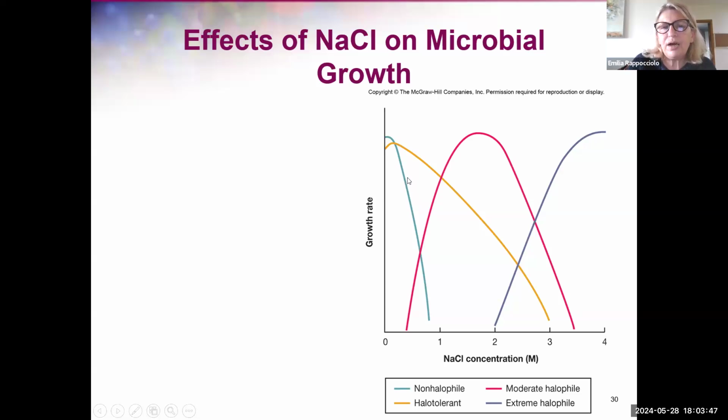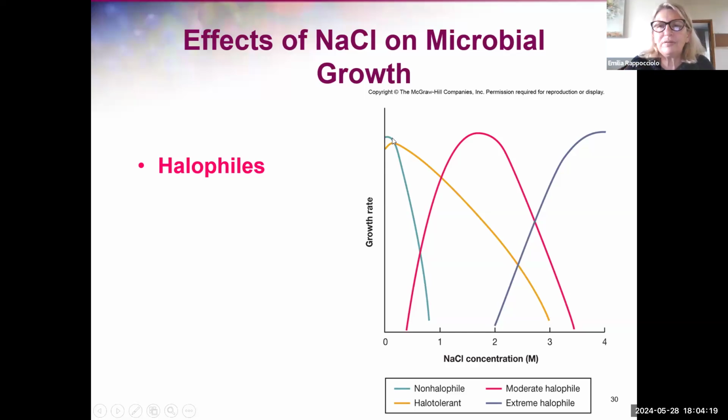You have the non-halophile, you have the halotolerant, you have the halophile, and then you have the extreme halophile. Yeah, the non-halophiles, these guys here, in this kind of greenish bluish line, as soon as the concentration of salt goes above the isotonic point, they start dying.